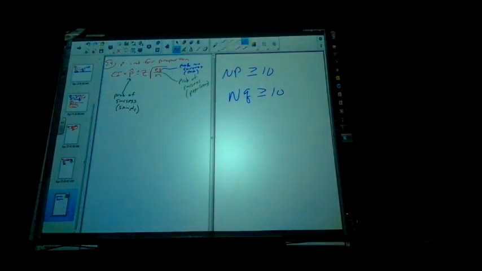I forget. P and Q is P is the probability of success, so like 30% chance it's going to happen. Q would be like 70% it wouldn't happen. Okay, either won't happen or will happen, but you have those things. What was the N? What did the N deal with?